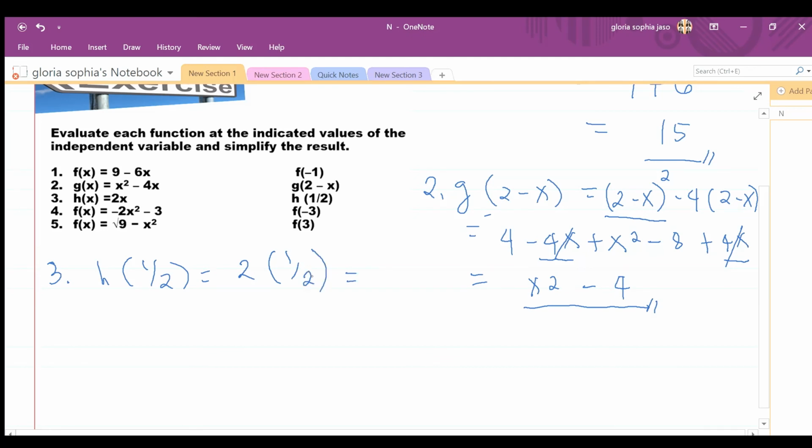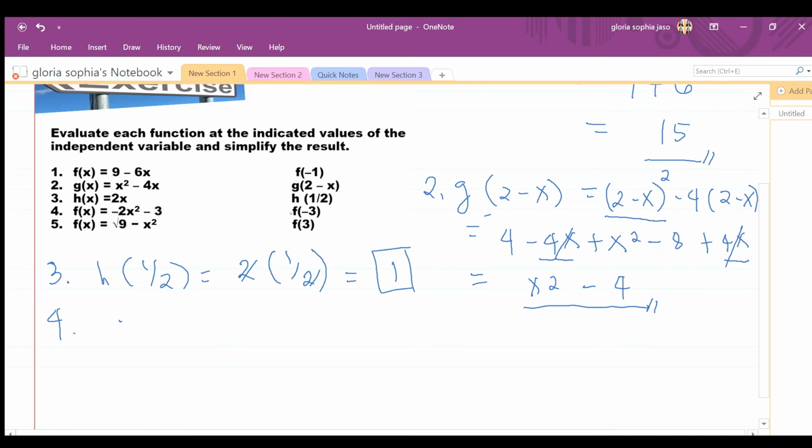Ayan. So 2 times 1/2, cancel. So that is equal to 1 na lang. Okay? Number 4, the function is f of x equals negative 2x squared minus 3.